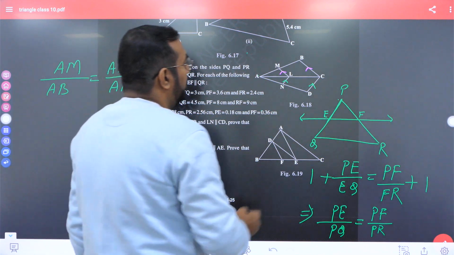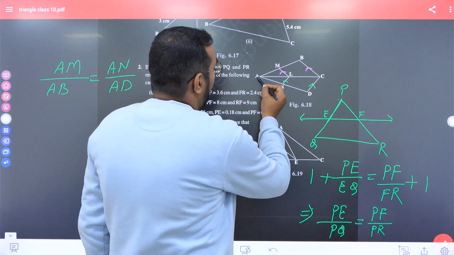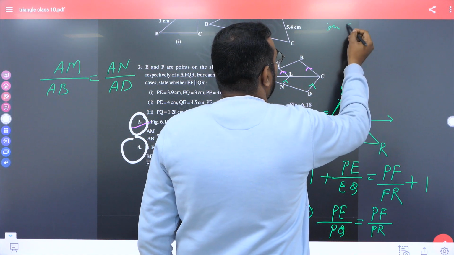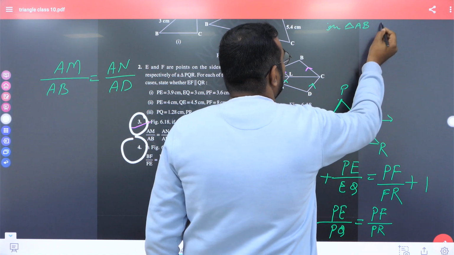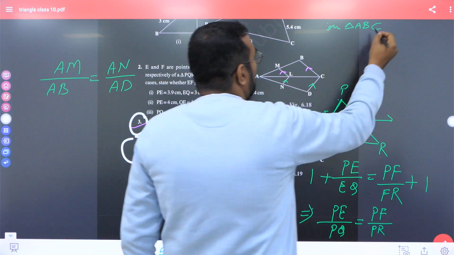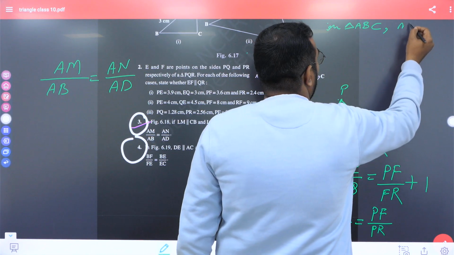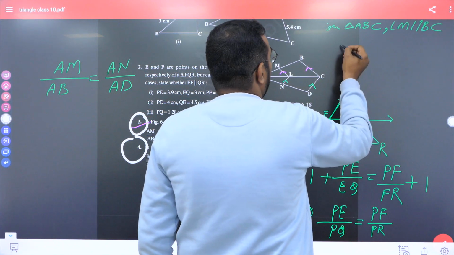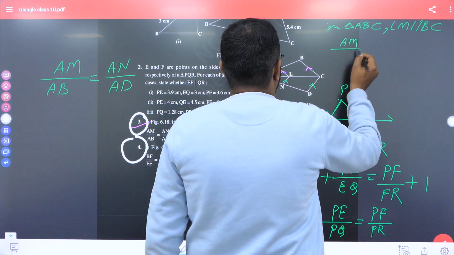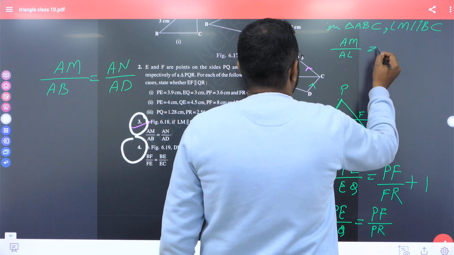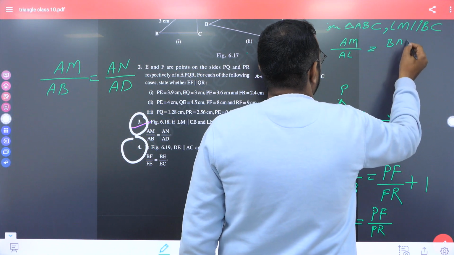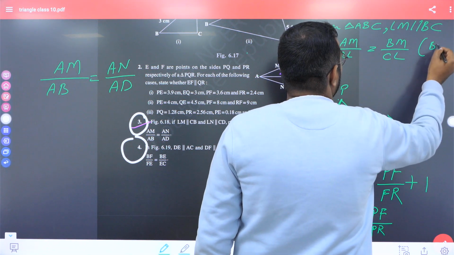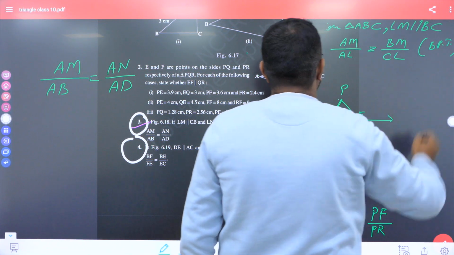So look here. In triangle ABC, you can see LM is parallel to BC. You can write AM upon BM is equal to AL upon CL by BPT. Any doubt?